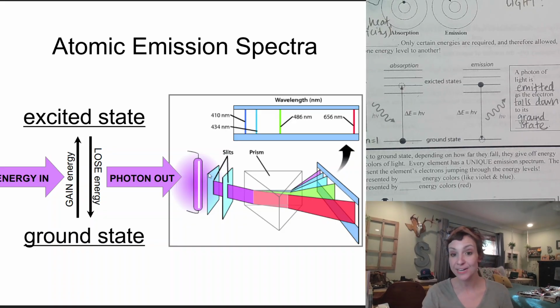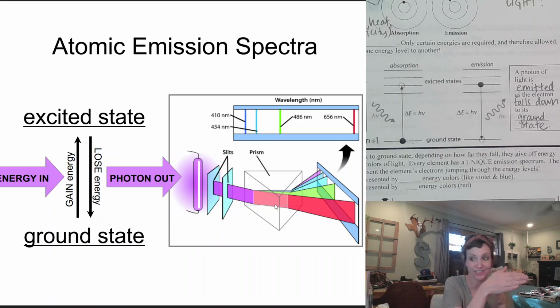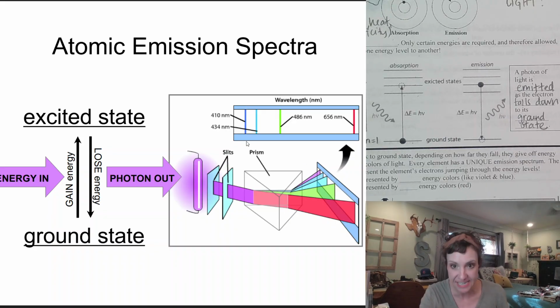And that prism will break up that light, all of the different jumps that came together to make whatever that initial color is that I see with my eyeballs. It'll actually break up what those colors are for me. And then I can see specific quantized energies of different light that, you guys, represent the different jumps that were allowed for the electrons to make in that atom.